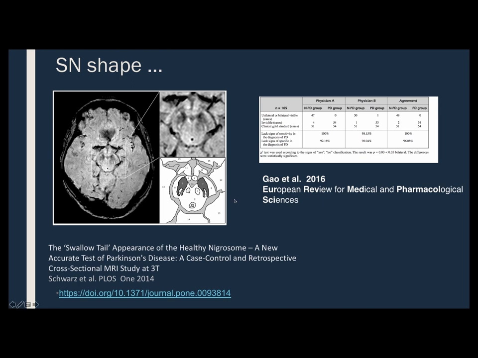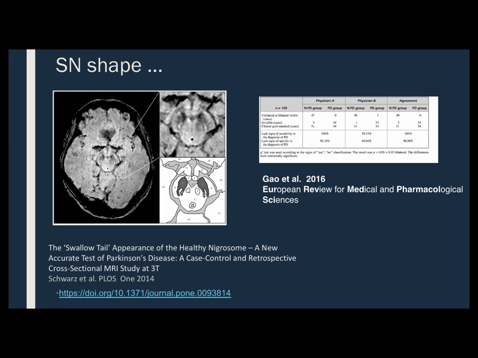So there are a couple of groups, at least, that have shown that and reproduced it, and mostly consistently find this indentation in the healthy volunteers, but don't find it in the patients.